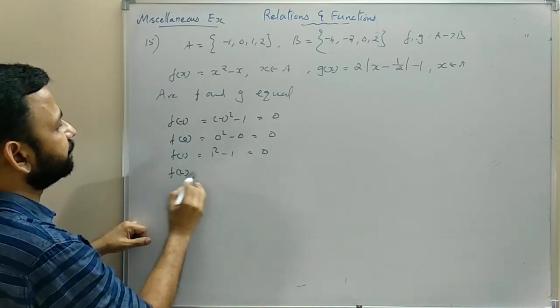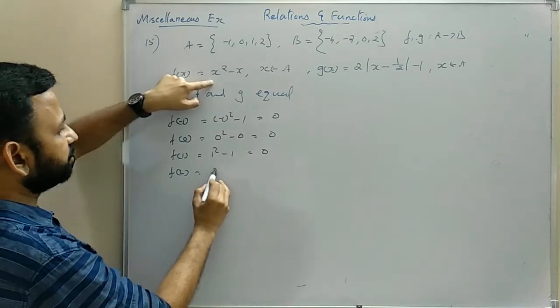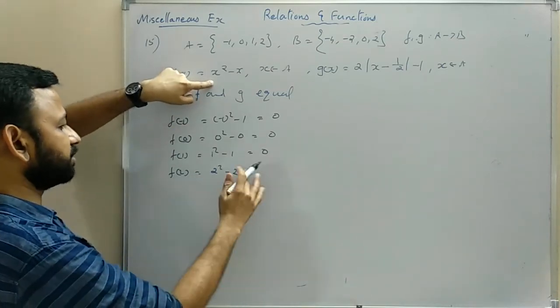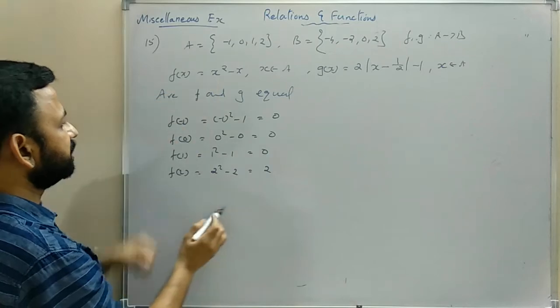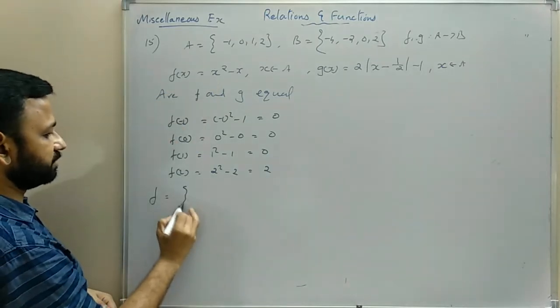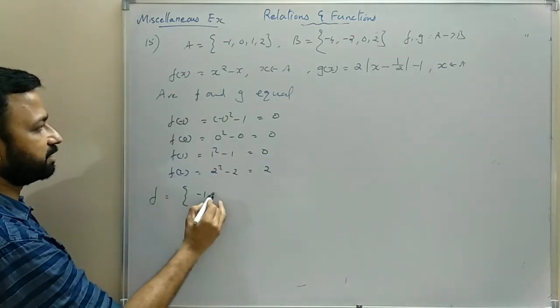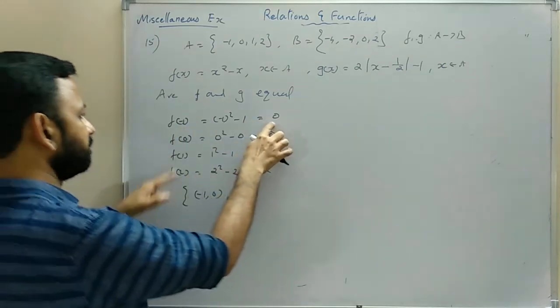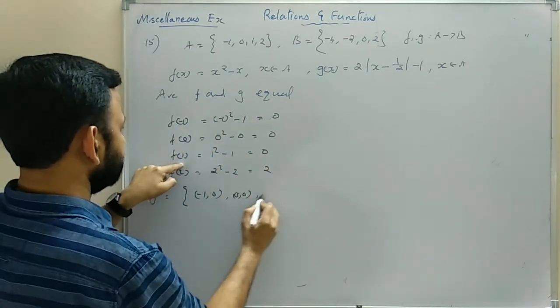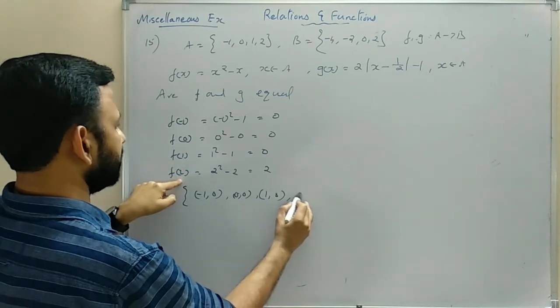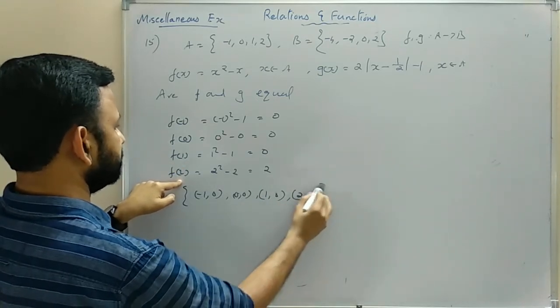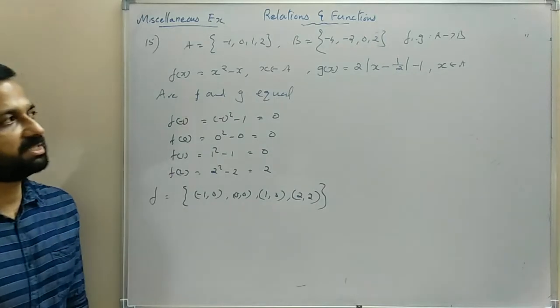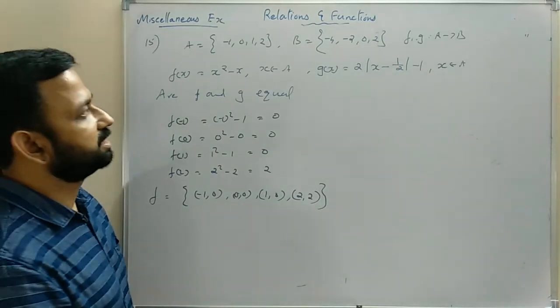Then f of 2, that is 2² - 2, that is 4 - 2, that is 2. So we will get f is equal to the set of ordered pairs {(-1, 0), (0, 0), (1, 0), (2, 2)}. So we got f. And similarly we will find g.